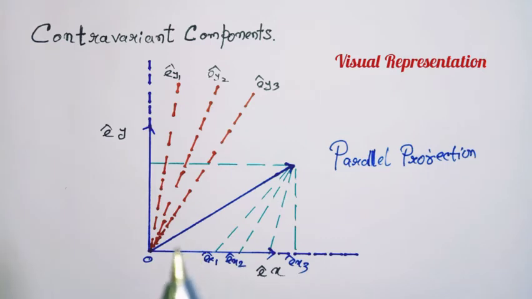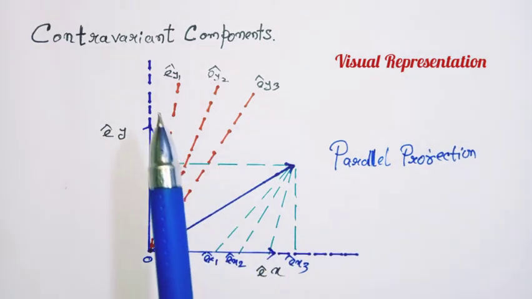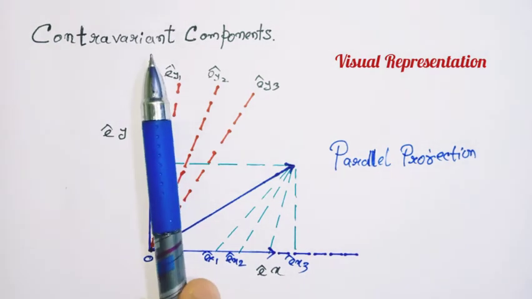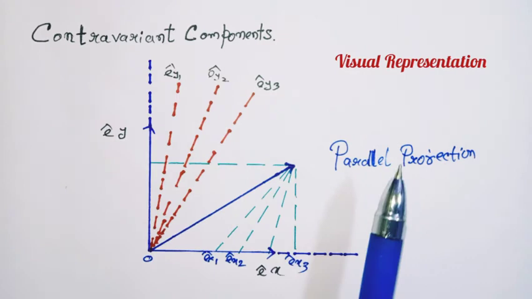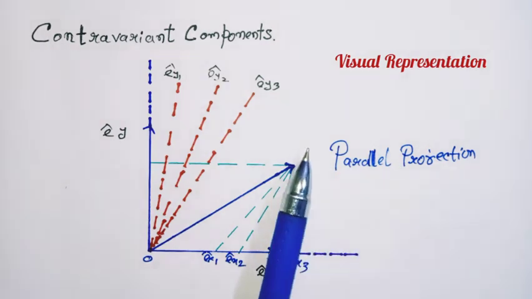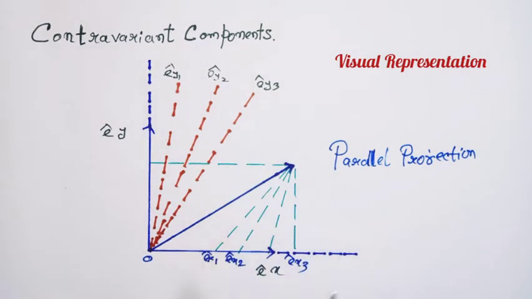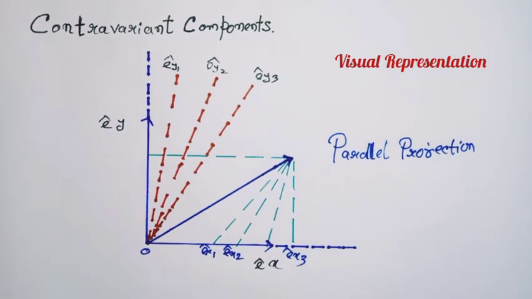But do you notice a very important factor in this figure? If I take the y-axis as 0, as origin, and this axis is moving in this way, 0, 1, 2, 3 and so on, the parallel projection is also moving, but in the opposite direction.